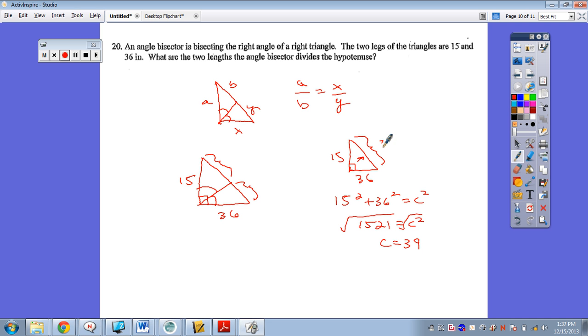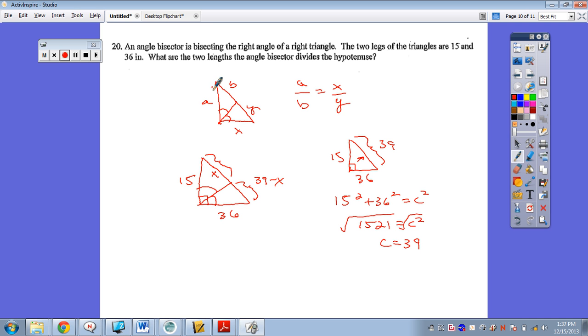So that means this whole side is 39. If I want to figure out the length of each of these segments, if I know the whole thing is 39, let's say I call this segment x, that means that this segment has to be 39 minus x. So now I have each part that I need up here.